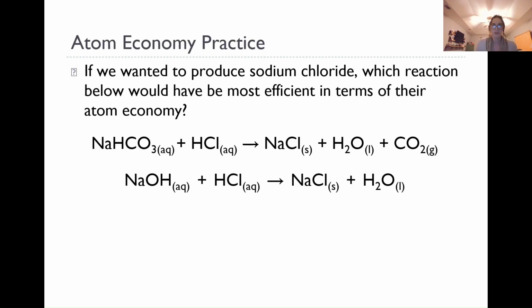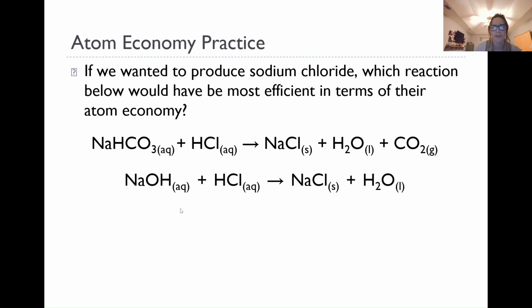So if we wanted to produce sodium chloride, for example, through the reaction of sodium hydrogen carbonate with hydrochloric acid, or the reaction of sodium hydroxide with hydrochloric acid, which one would be most efficient in terms of the atom economy? So looking at the first equation, I could already probably tell the second one is going to be more efficient, not only because it produces less byproducts, but the molar mass of the reactants is overall smaller in the second equation compared to the first one.